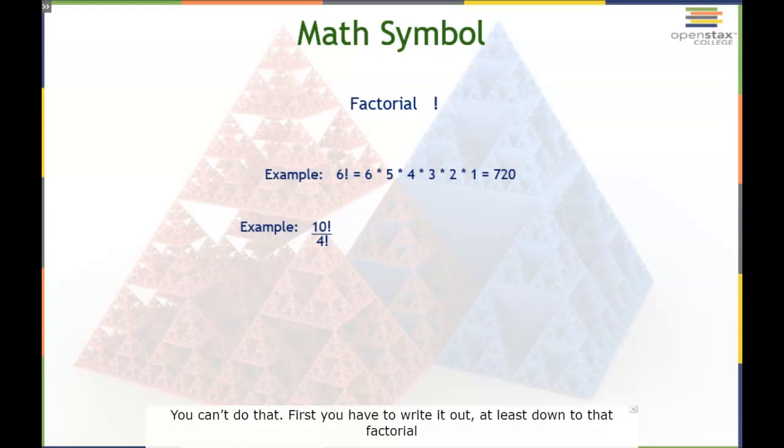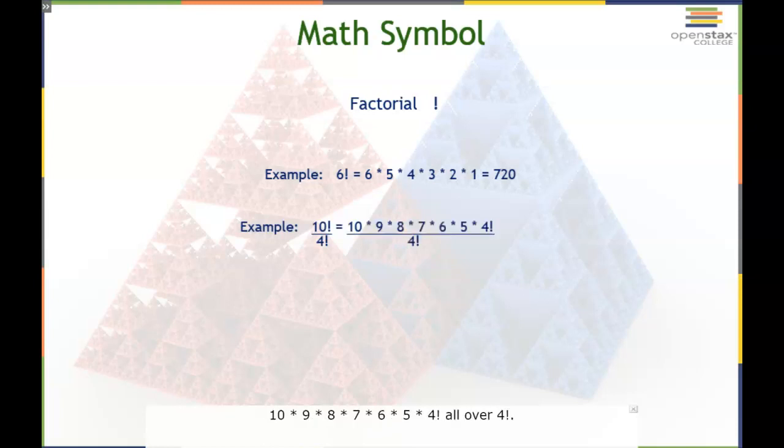First, you have to write it out, at least down to that factorial that's on the bottom. So here's how I would do it if I was doing this longhand on paper. 10 times 9 times 8 times 7 times 6 times 5 times 4 factorial all over 4 factorial. And then the 4 factorials are exactly the same, and therefore I can cancel those out. And I'm left with 10 times 9 times 8 times 7 times 6 times 5, which is 151,200.